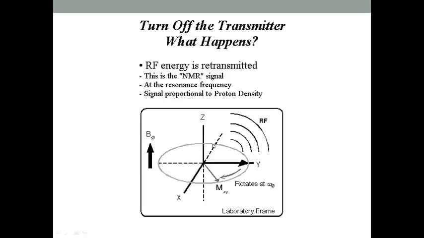Now the human body emits that frequency. So this RF is really the MR signal. You can measure the RF signal, then use it to reconstruct the MR image.